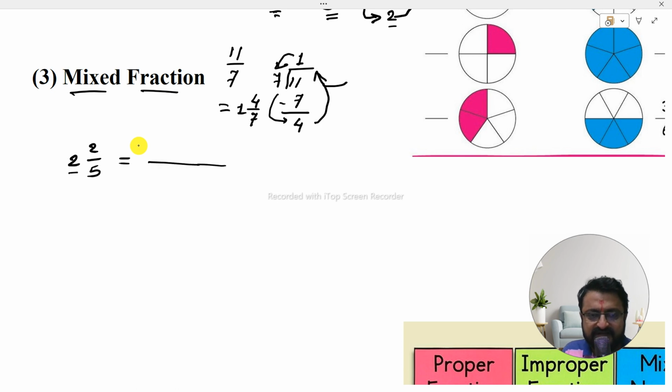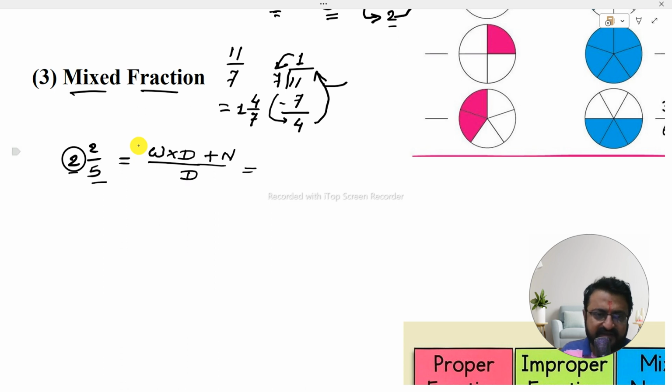I will write the formula for you. 2 is the whole part, so I will write whole multiplied by denominator, W multiplied by D, plus you add the numerator, and then finally you write the same denominator in the answer. That is your formula.